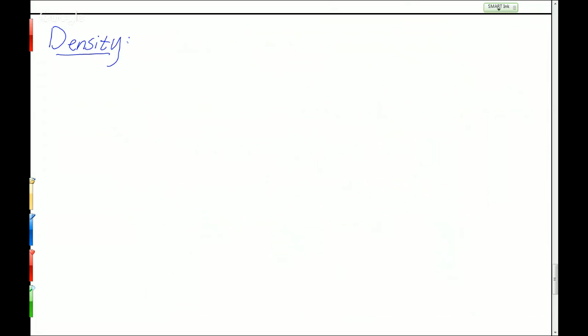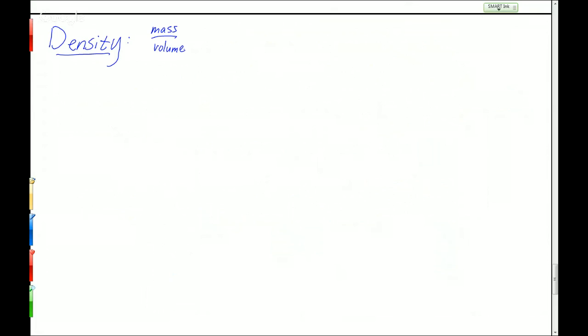How would you define density? Okay, so we can define it by its units, grams per milliliter, or more generally, mass divided by volume. What about in words?